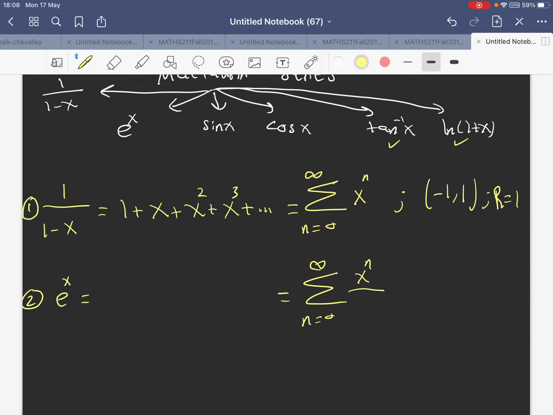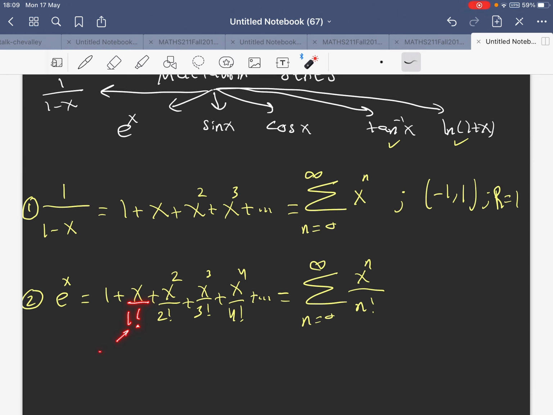So it will be 1 plus x plus x squared over 2 factorial plus x cubed over 3 factorial plus x to the 4 over 4 factorial, and so on. Here, it is also over 1 factorial, but 1 factorial is already equal to 1. Here, 0 factorial is already equal to 1, so we don't need to write them down. But they are there.